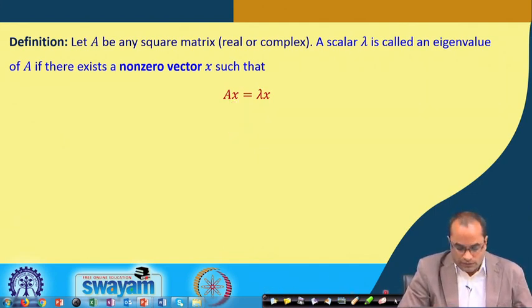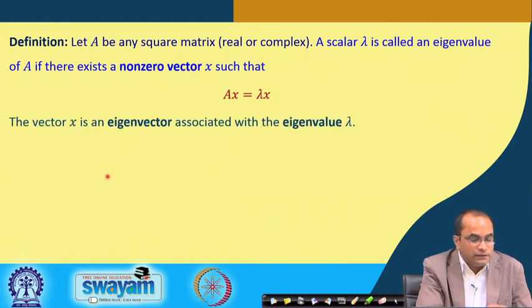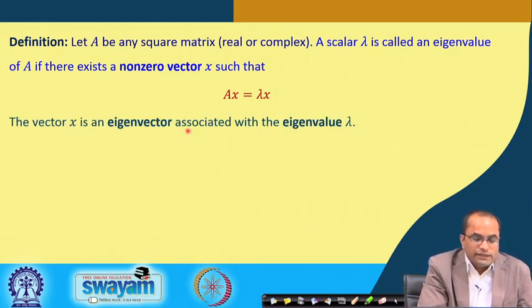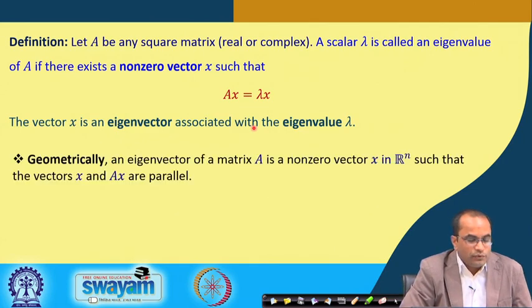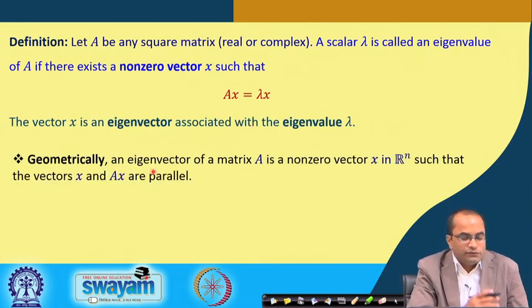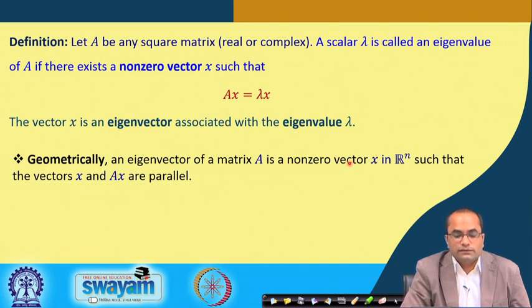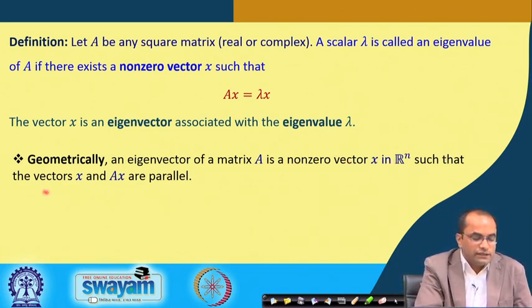Okay, so now the vector x is the eigenvector associated with this eigenvalue lambda, and there is an important geometric point, which we have already seen with the help of the earlier example: an eigenvector of a matrix A is a non-zero vector x in R n, such that the vectors x and A x are parallel.